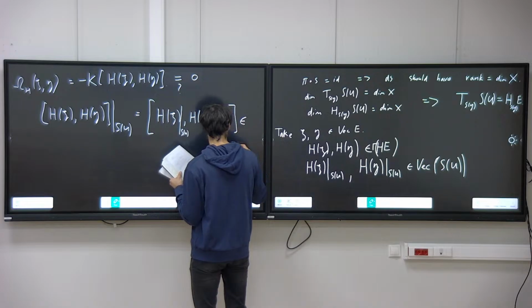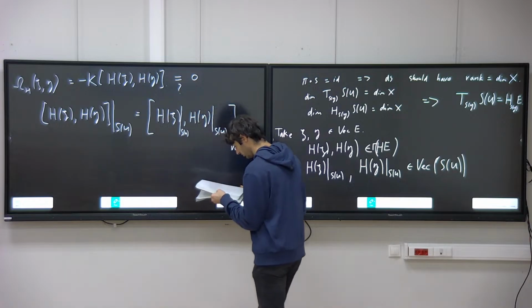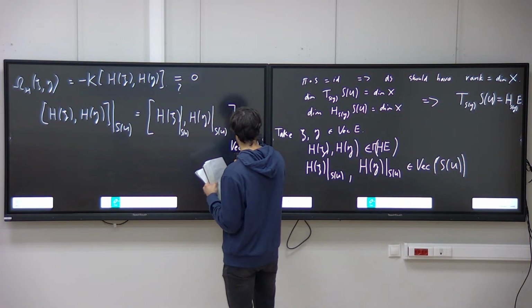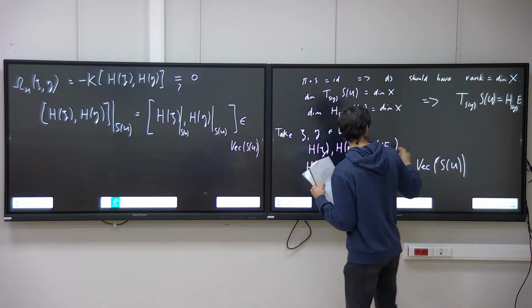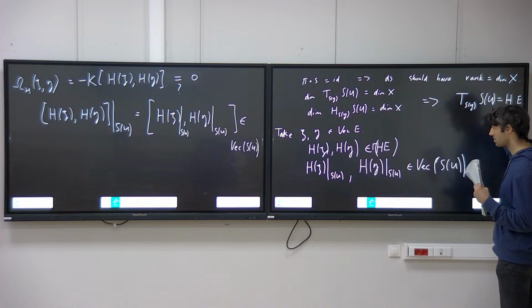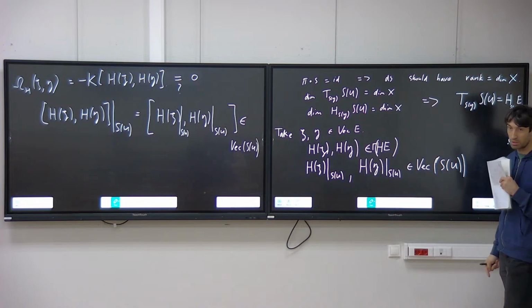So this is actually inside vector fields of S of U. But I know that at each point, this gives me a vector from HE. Right? Because at each point this is an element in here, but I know that I have this equality.